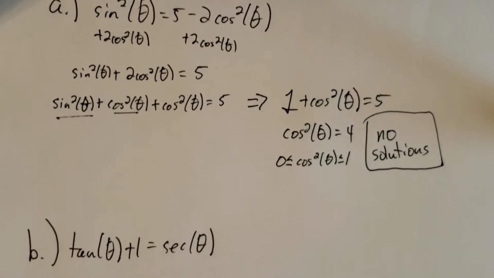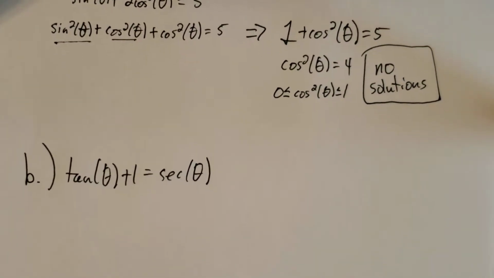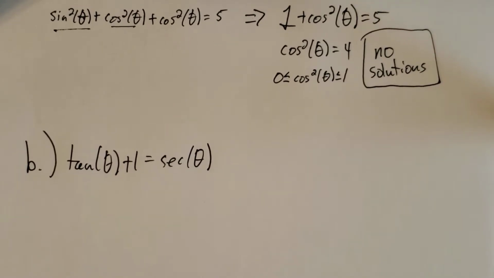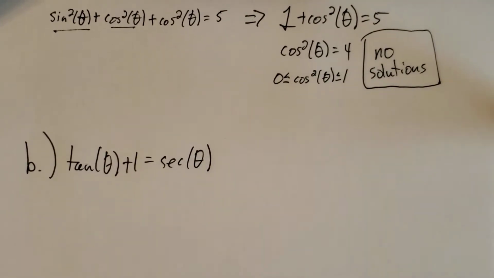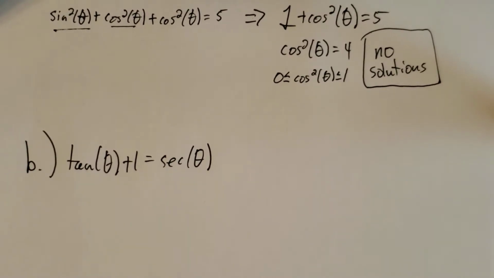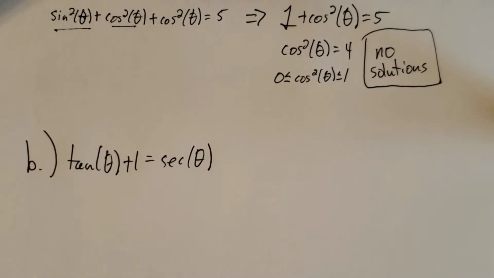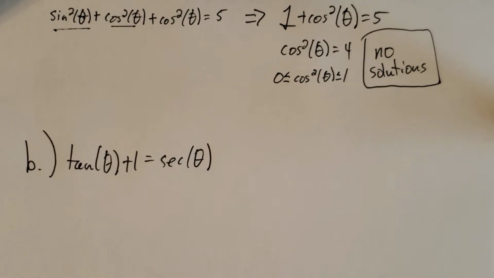All right, so that one ended up being not so bad once we saw what to do at first. It's not always obvious what to do, so really you just want to build up your intuition on these problems and recognize patterns and use your formulas. Think to look for those formulas, right? I know the Pythagorean identity. One of the Pythagorean identities is cosine squared plus sine squared is 1.